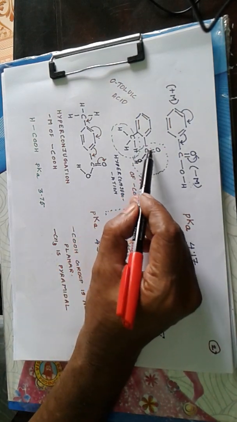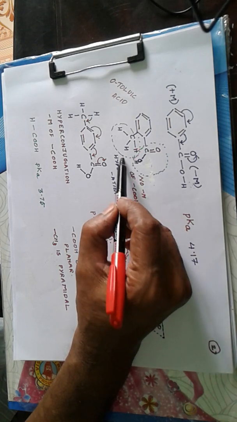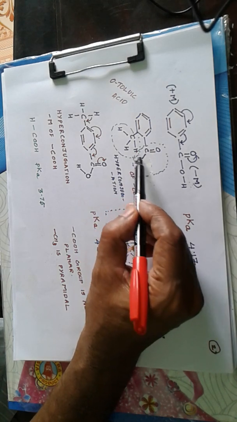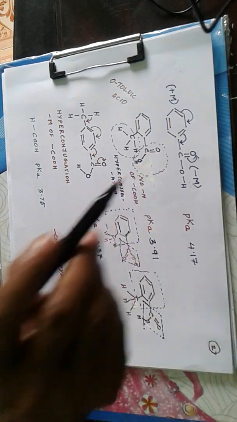So when this COOH group is planar, it can sterically interact with the methyl group. So there is steric repulsion between the methyl group and the COOH group when the COOH group is planar.